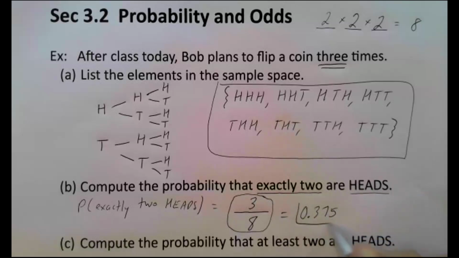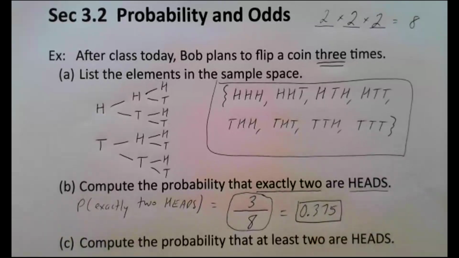You could also give your answer as a percentage. To do that, you would take the decimal answer and move the decimal point 2 times to the right. If I were to move that decimal 2 times to the right, it would end up after the 7, and my answer would look like this.